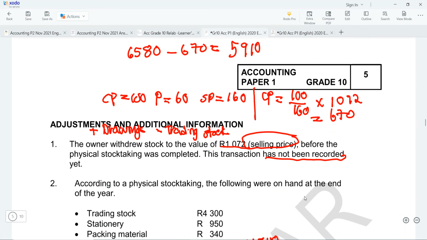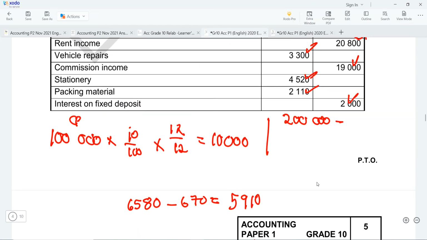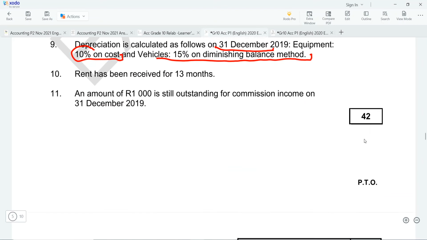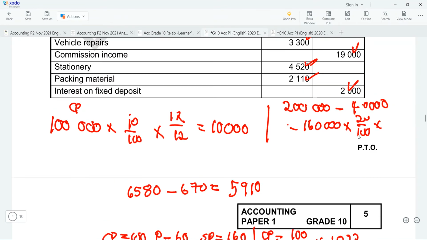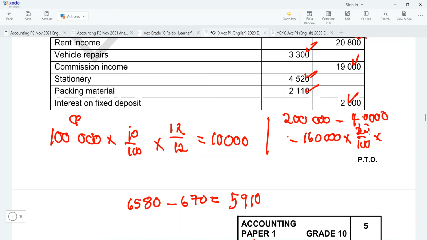So we're going to subtract that 40,000 first, and then we'll be left with 160,000. Now on this 160,000, we are going to multiply it by 15 over 100. Sorry about that. And then multiply it by 12 over 12, because all these vehicles were with us for the entire year and nothing was sold.